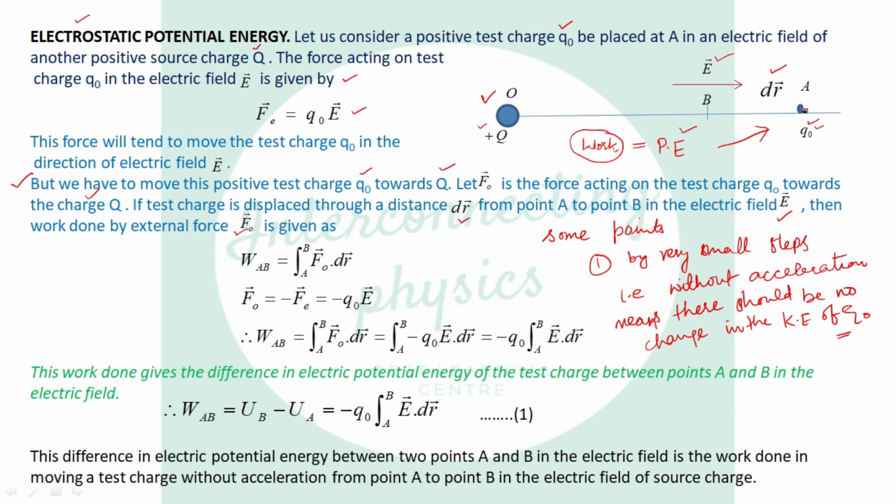Means this charge is displaced in infinitely small steps so that there is no change in acceleration and there should be no change in kinetic energy of the test charge.